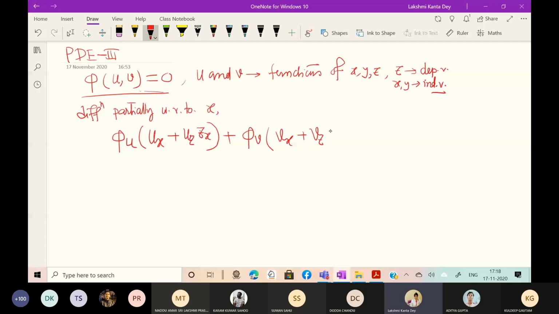equals 0. Similarly, if we want to differentiate partially with respect to y, then what do we get?